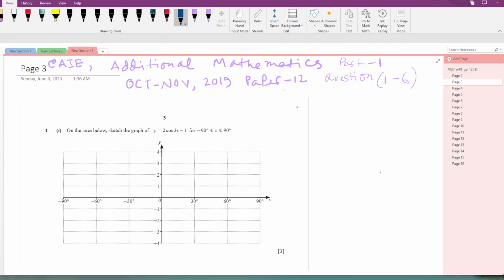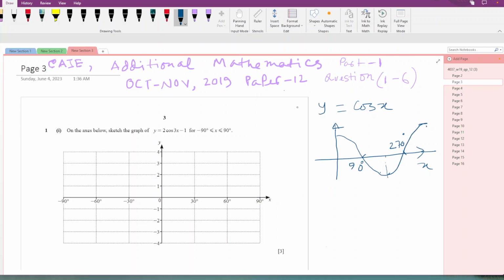I consider the graph of y equals cos x. This is the x-axis, this is the y-axis, and this is the graph, and it cuts the x-axis at 90 degrees and 270 degrees.